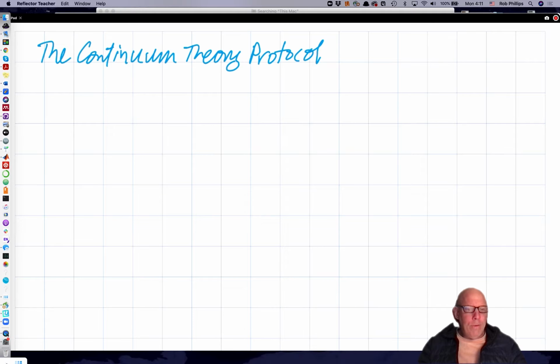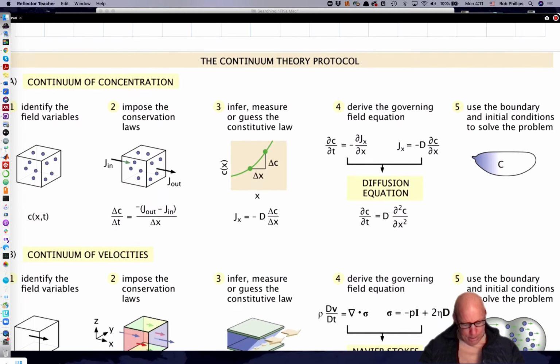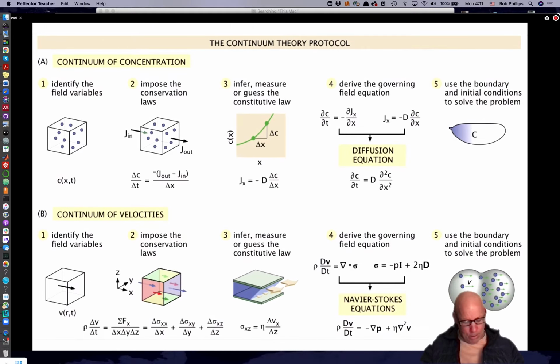And so powerful, so ubiquitous are these ideas that there's an approach that one can take. And what I'm going to do is try to show you the way my book co-authors and I have tried to formalize that. So our starting point is what I'm going to refer to, as I already mentioned, as the Continuum theory protocol, and I want to take an opportunity to introduce this.